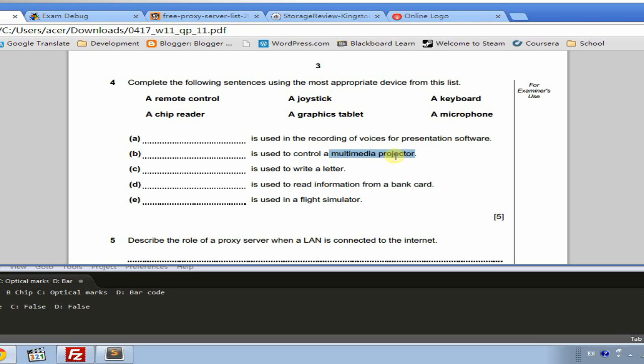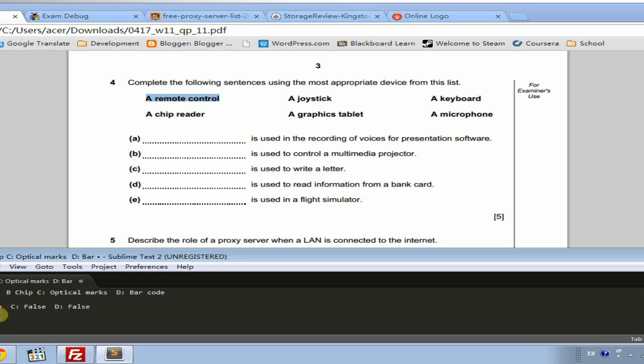Usually they're high up, at least in my classroom they are, and so we would use a remote control, or we could go manually with the keypad, but that's a bit tricky, and the keypad's not on the list there, so it has to be a remote control.